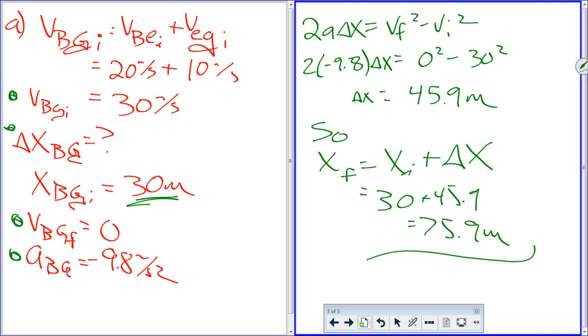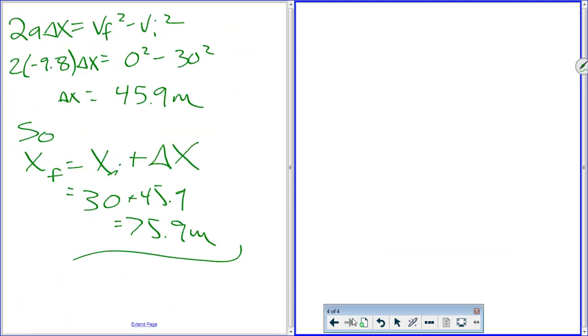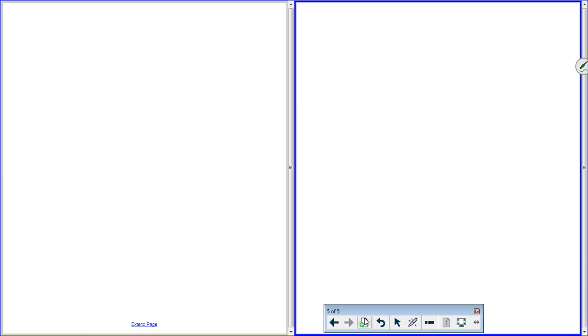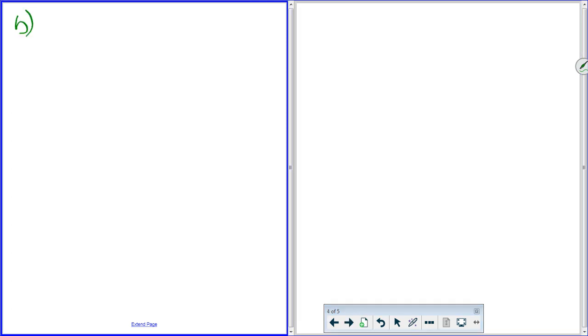Okay, part B. How long does the ball take to return to the elevator floor? So, whole new frame of reference, right? So now I want to keep track of stuff relative to the elevator floor. So here's what I know. The velocity of the ball relative to the elevator initially was 20? I know that the position of the ball relative to the elevator initially was 2 meters.